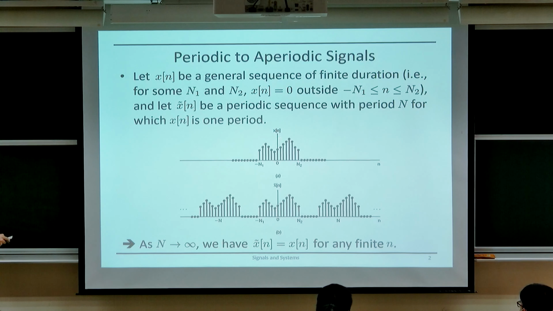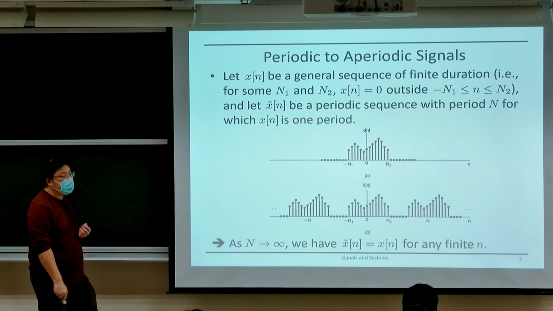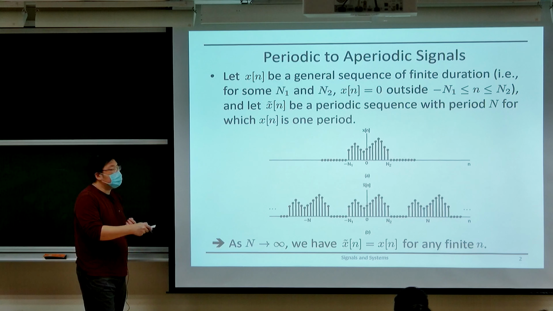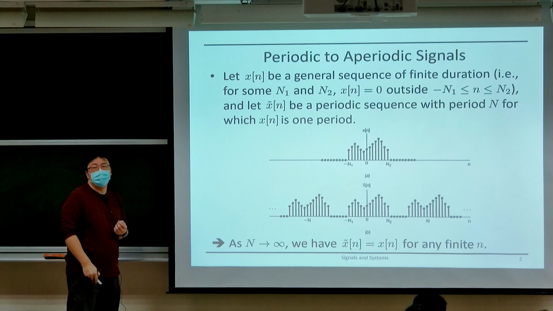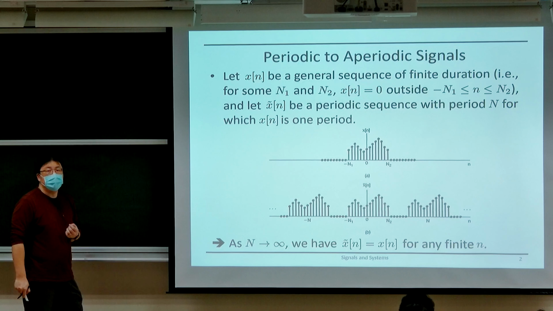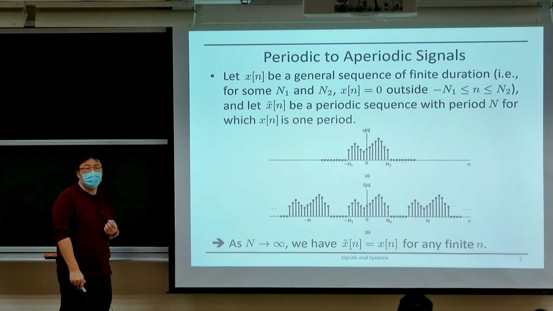And using x[n], we first construct a periodic signal x tilde of n by repeating this x[n] at every integer multiple of capital N. So this x tilde of n is a periodic signal with period capital N that is constructed by repeating this x[n] at integer multiples of capital N. Now, as capital N goes to infinity, this x tilde of n essentially will become x[n] for all finite values of n.